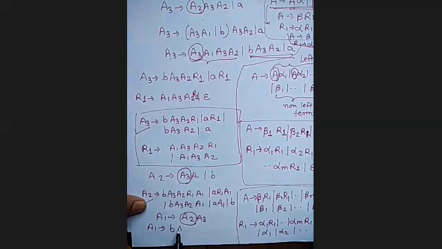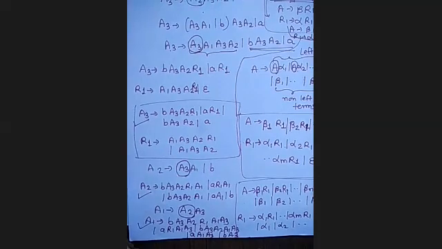So you get BA3, A2, R1, A1, A3, or AR1, A1, A3, or B, A3, A2, A1, A3, or A, A1, A3, or B, A3. So completed for the A1.